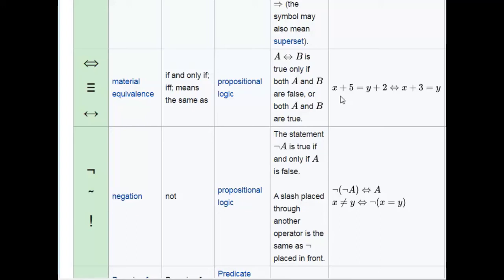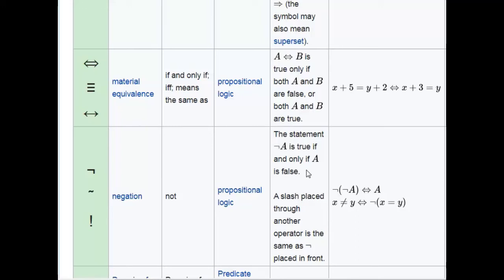Okay, now, next one. The next one is negation. We denote the negation usually by this symbol, the first one. It reads "not". The statement negation A is true if and only if A is false.